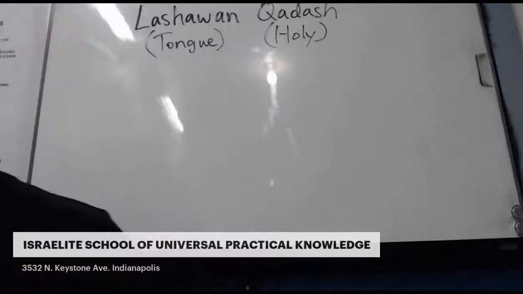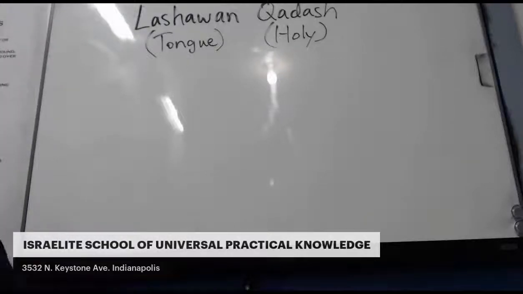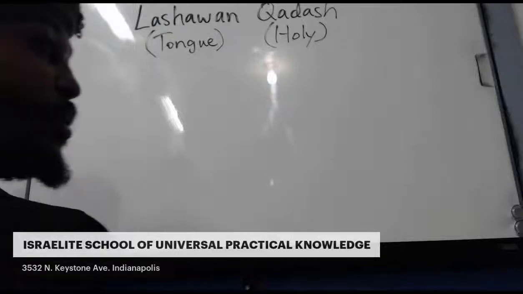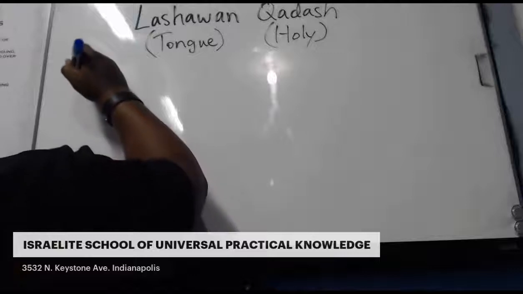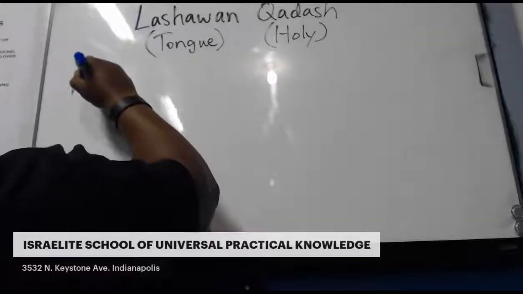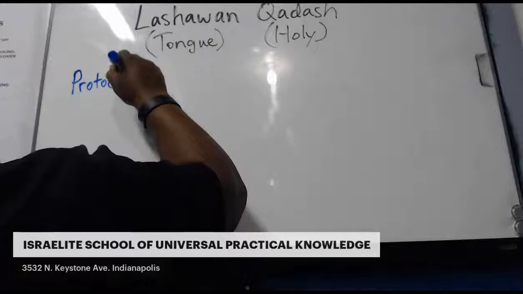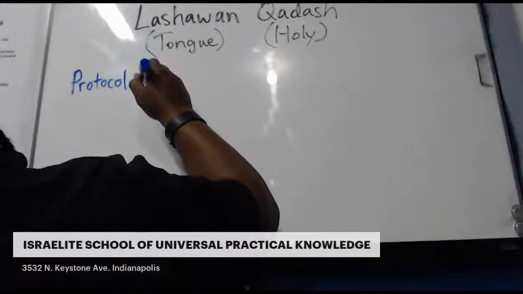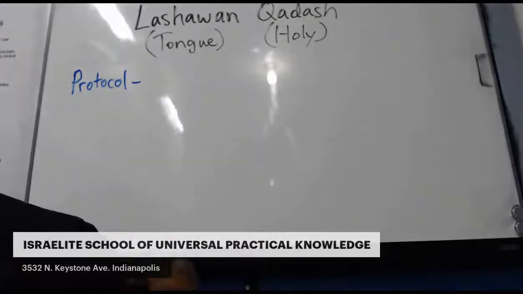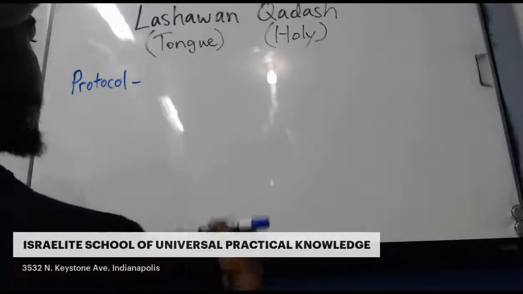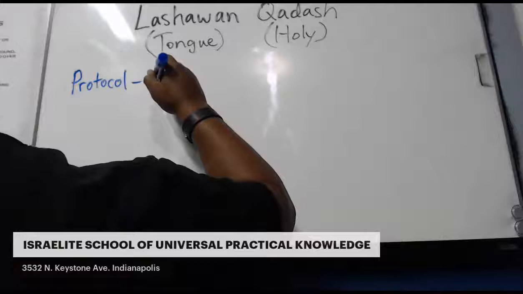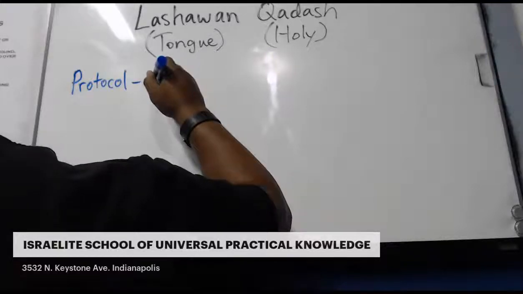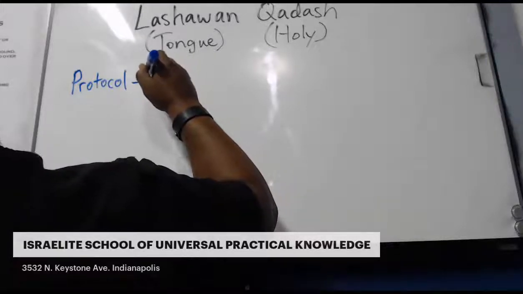Okay. So today we're going to go over some vocabulary. This is going to be some of the vocabulary we went over before. Protocol. Protocol is the written and verbal instructions. The way you say protocol is ka, ka.